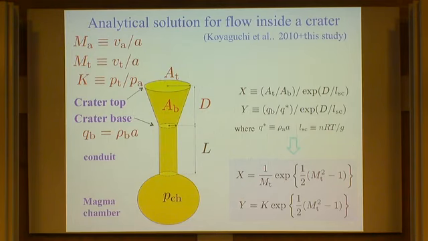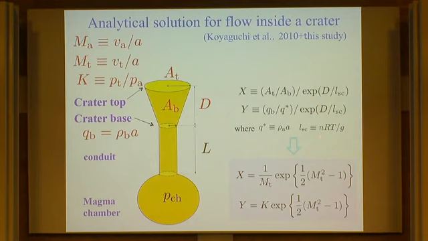Introducing x and y, x is a kind of normalized cross-sectional area, and y is normalized mass flow rate, like this. The effect of gravity is taken into account by these normalizing factors.